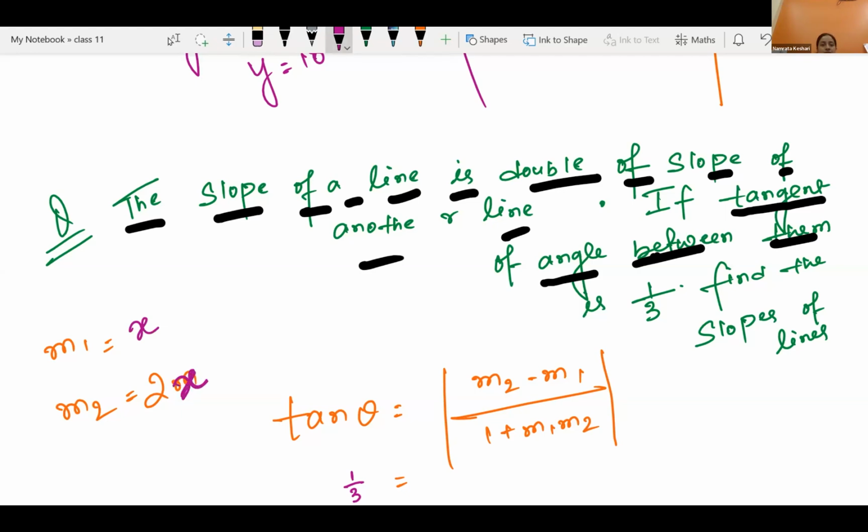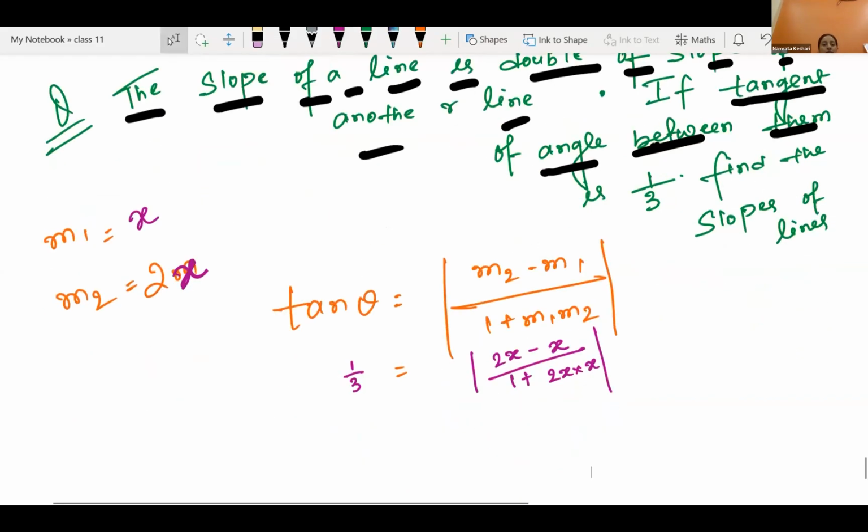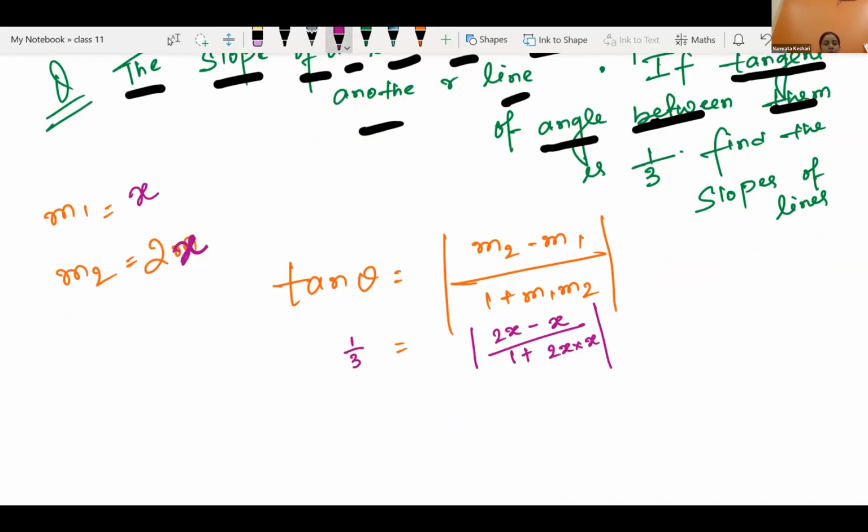Yes, ma'am. Because here it's written that the slope of one line is double the slope of the other line. So we will put here M2 is 2x, M1 is just x, over 1 plus M2 times M1, and we will try solving this for x. If I simplify a little more, it will be 2x minus x, which is just x, and 1 plus 2x square in the denominator. That's it.